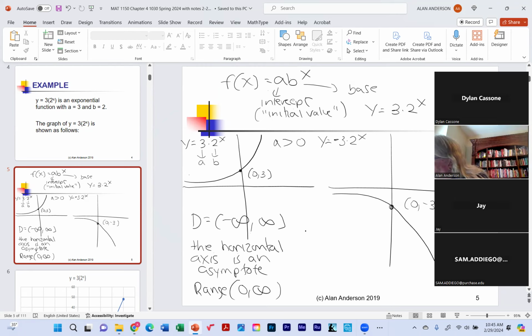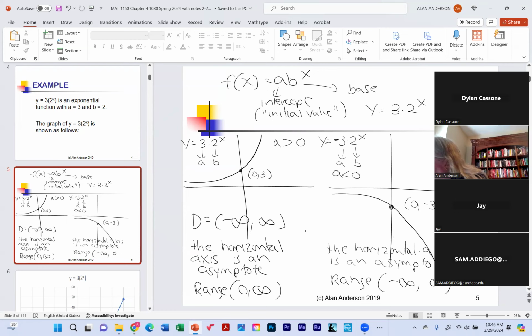And now the horizontal axis is still an asymptote. But now a is negative. And so the range is different. In fact, the range is now everything from negative infinity up to, but not including, zero. The domain hasn't changed at all.